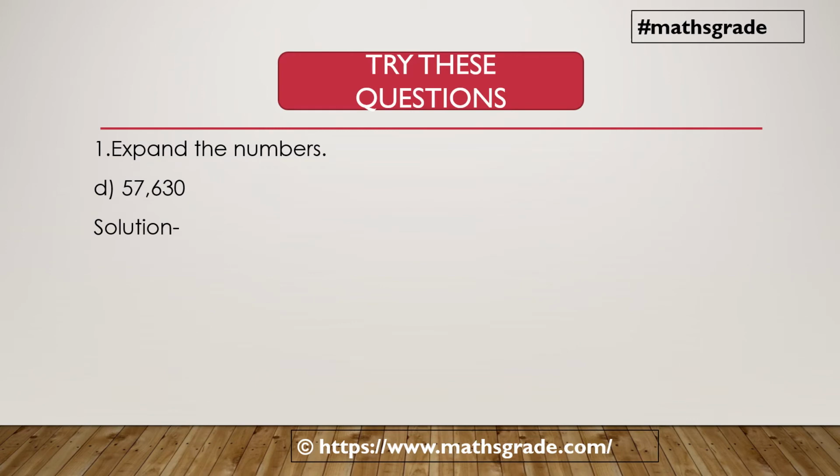Now D, 57,630. This is the number given and we have to expand this number. 57,630 is a 5-digit number and digit 5 is in the 10,000 place, so we have to multiply digit 5 with 10,000.